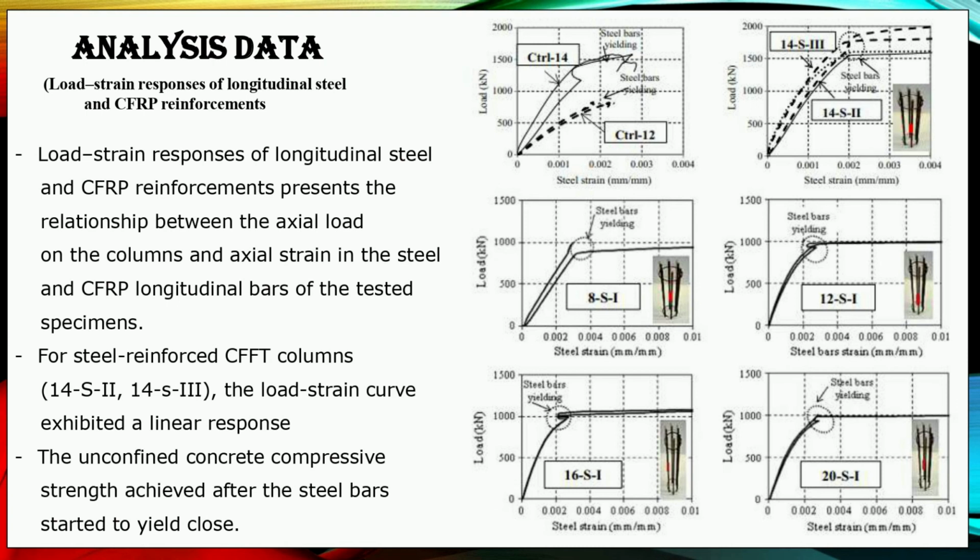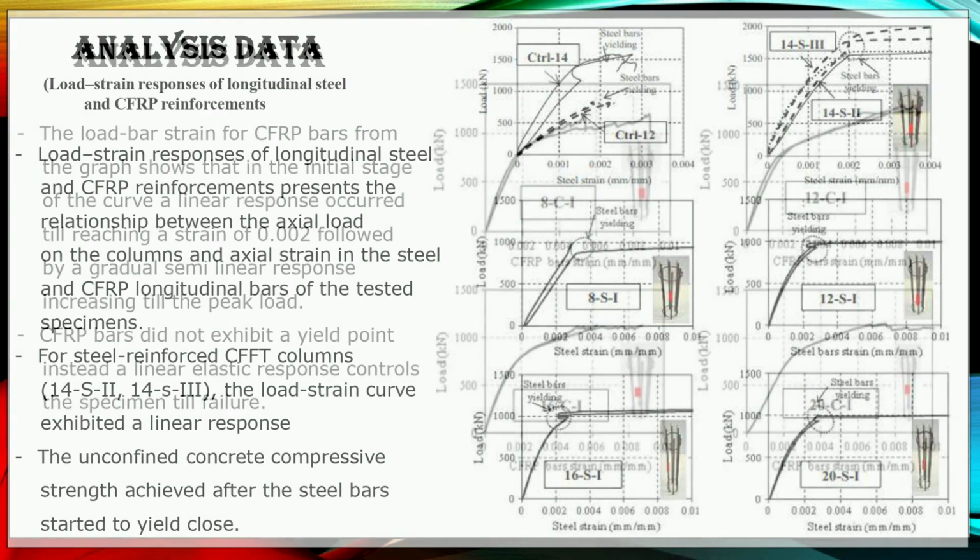For steel reinforced CFFT columns, which are 14S2 and 14S3, the load strain curve exhibited a linear response until yielding of the steel bars, which occurred at a strain approximately equal to 0.002 mm per millimeter. The unconfined concrete compressive strength was achieved after the steel bars started to yield.